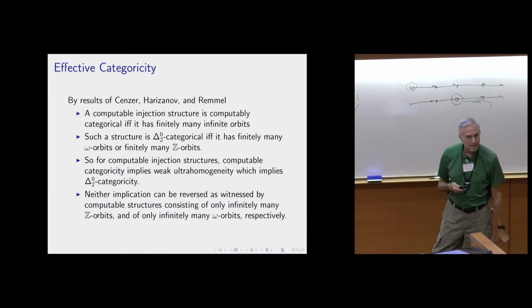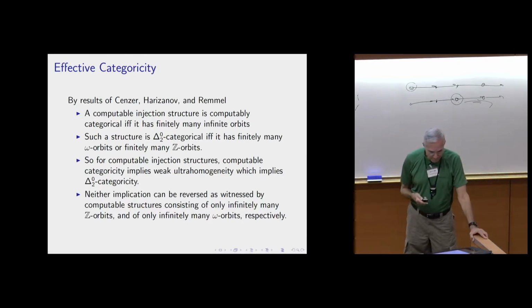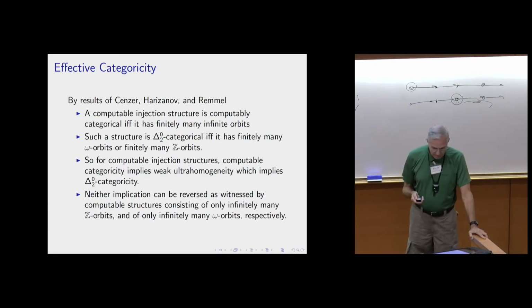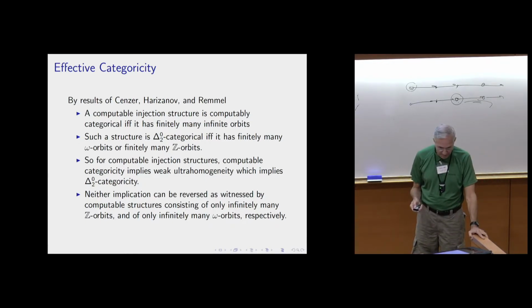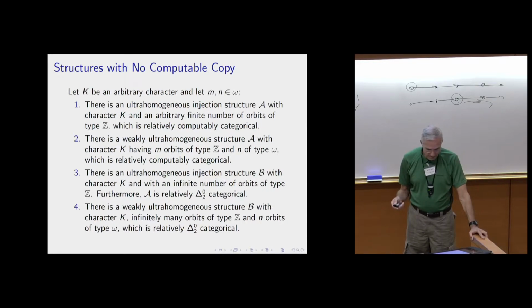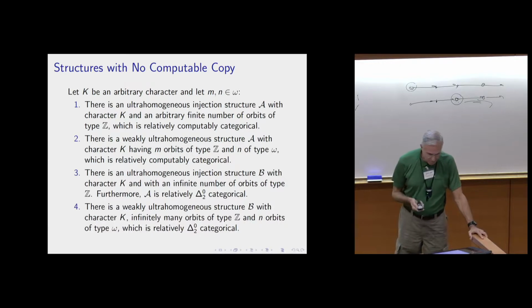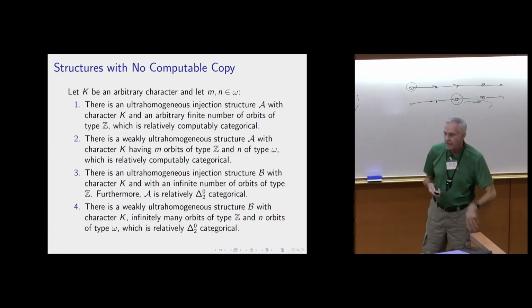So this is a nice example that shows that the notion of weak ultrahomogeneity can be properly in between computably categorical and Delta_2 categorical. Okay, so that's how that came out. In the case of the linear order, everything was computable.